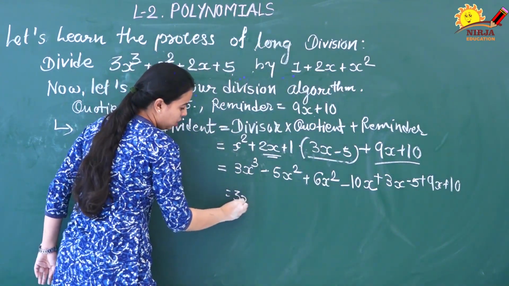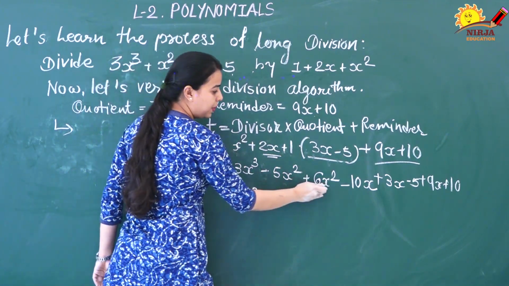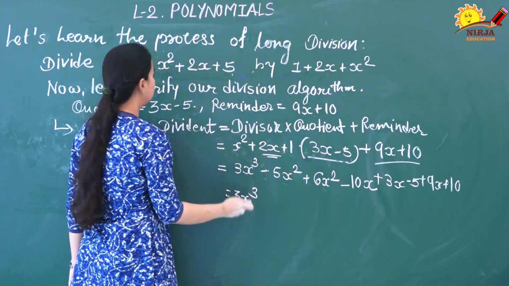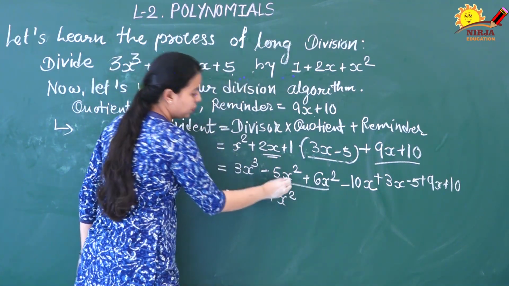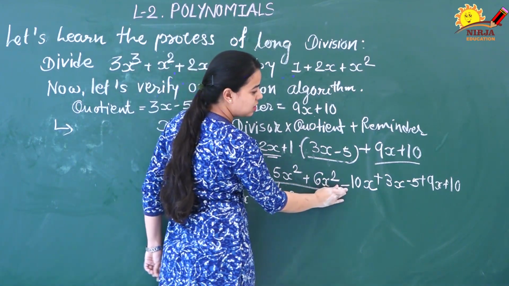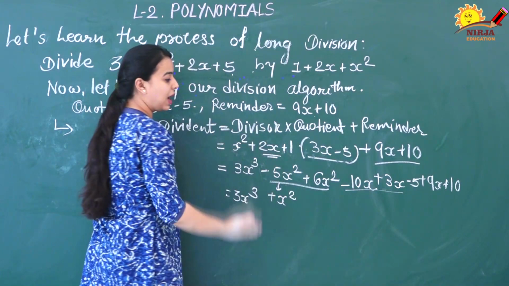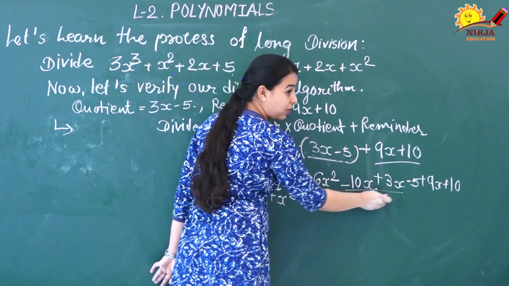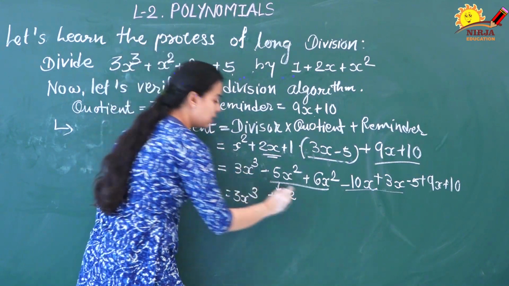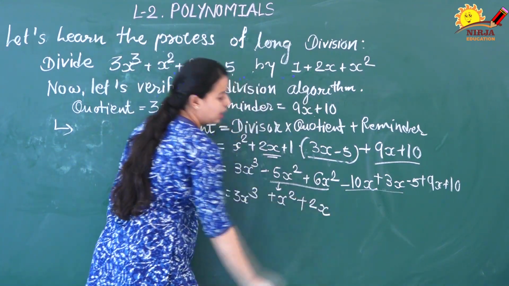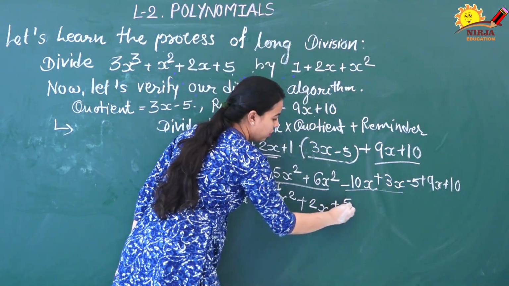Now, let us solve this. 3x cube remains the same. Minus 5x square plus 6x square will turn into plus x square. Minus 10x plus 3x is minus 7x, plus 9x, is equal to plus 2x, and here we have 10 minus 5, which is equal to plus 5.